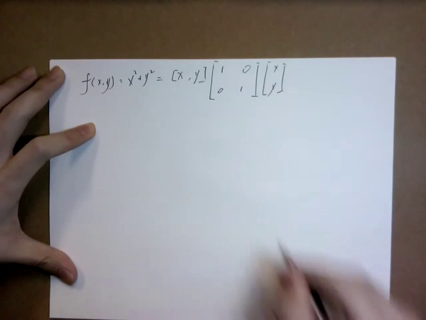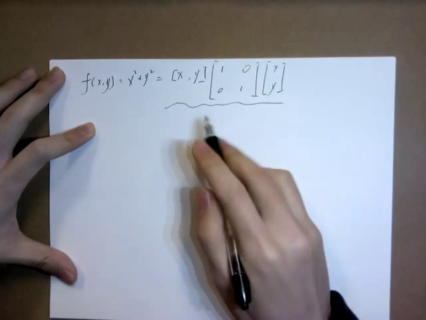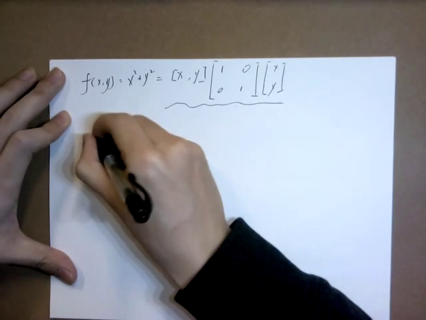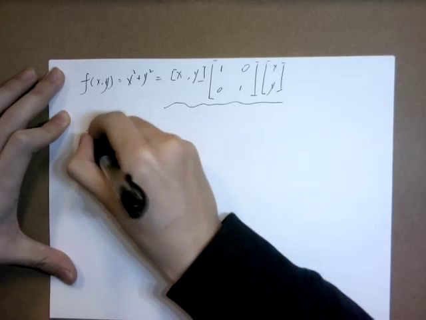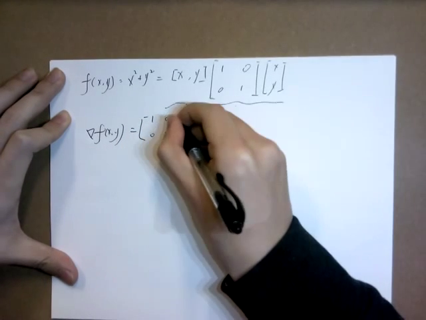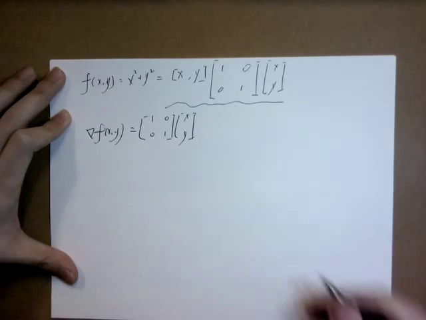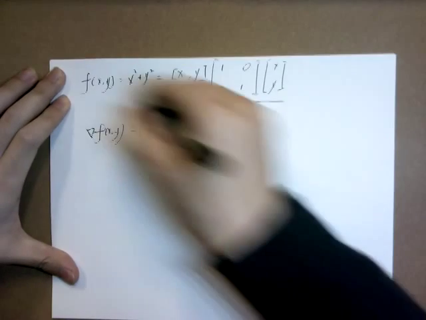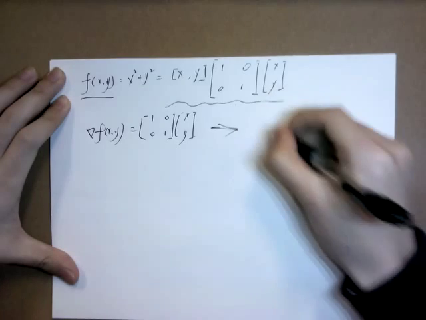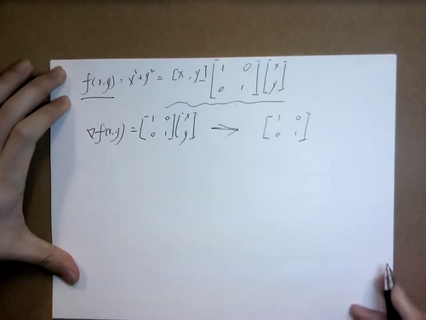All right. Because we know the gradient of f(x,y) is [1, 0; 0, 1] times (x, y), we can get the Hessian of f, which is basically the identity matrix.